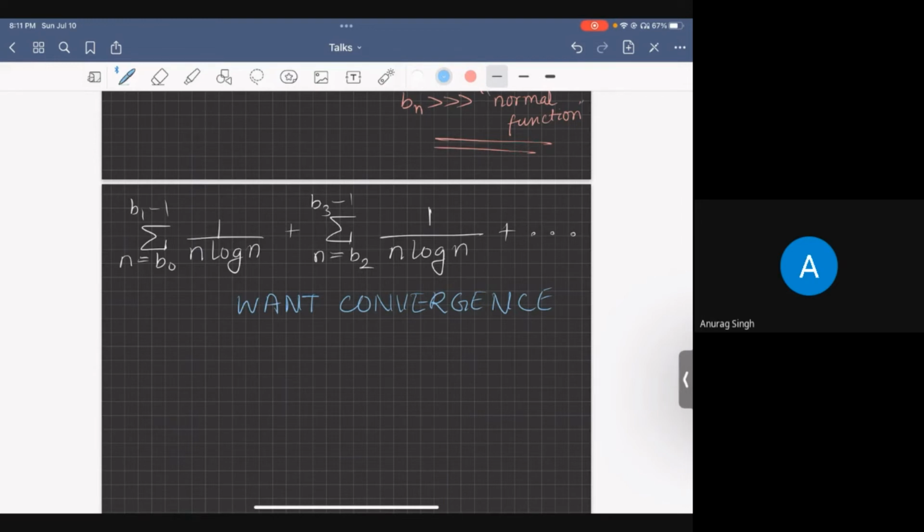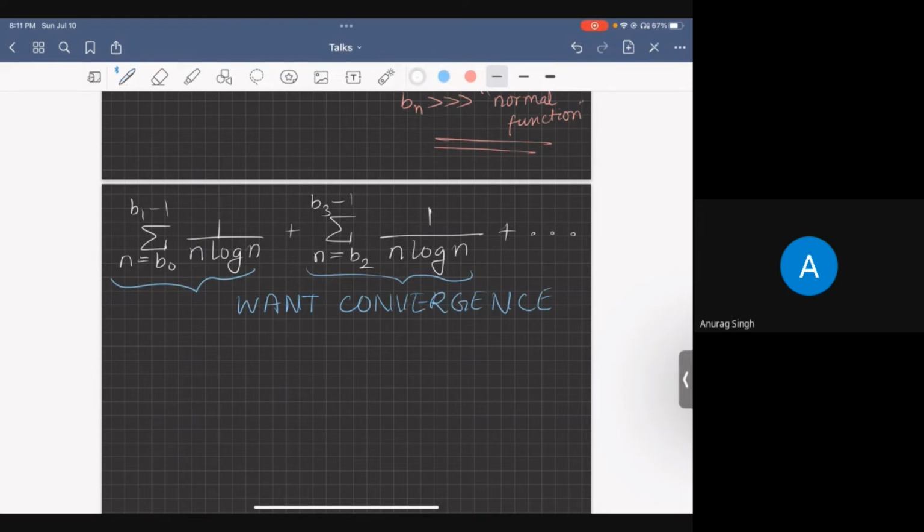The idea is that the terms in the intervals tend to be some terms of a convergent sequence. Yes, you want that. So if you want these to converge in some sense, how do you do that?